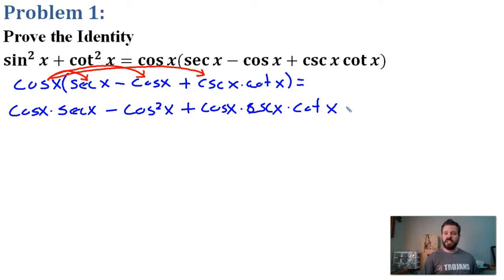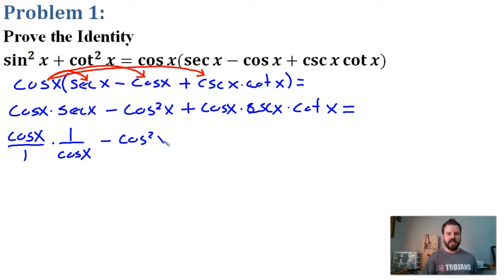Okay, what can I do from here? Well, I can switch everything to sines and cosines and see if anything cancels, see if I can combine anything. Okay, cosine x we'll just leave as cosine x over 1 times secant, which we can call 1 over cosine x. And we'll reduce that in a second. Okay, negative cosine squared we'll just say is a negative cosine squared for now.